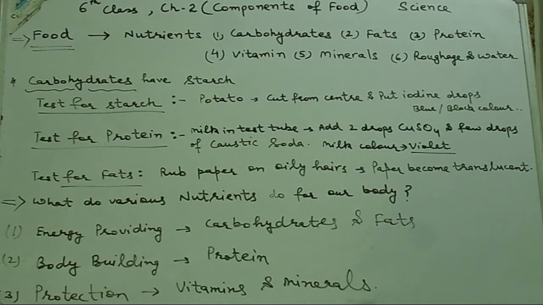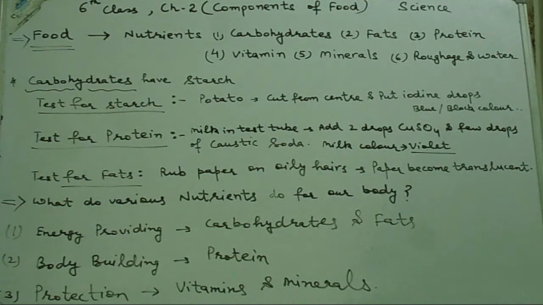But fat should be in a required amount. Fat should not be more, because if we are taking more fat in our diet, we will become obese. Obesity means motapa. That problem can be created in our body, because fats, only a limited amount can be digested in our body.